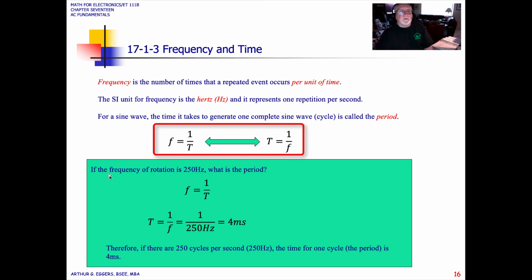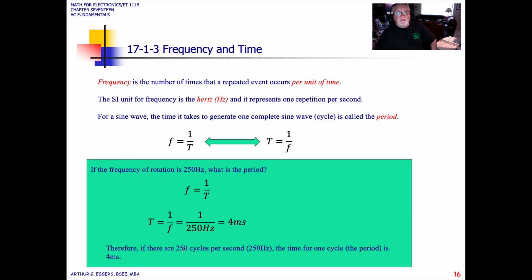So as an example, if the frequency of rotation is 250 hertz, 250 cycles per second, what is the period? Well, since we have the frequency given here, let's invert the relationship and solve for time. 1 over frequency, 1 over 250 hertz then is equal to 4 milliseconds.